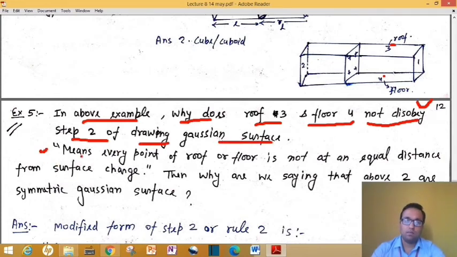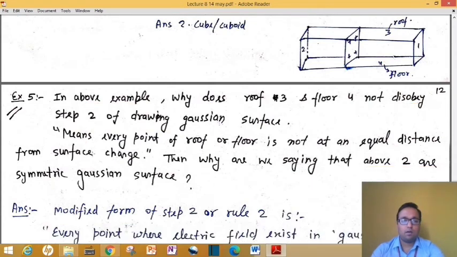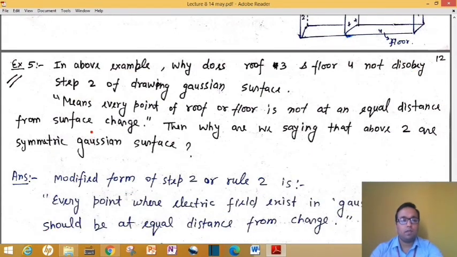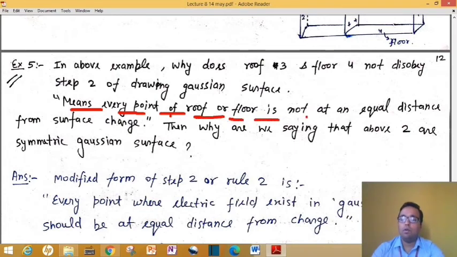It means that every point, okay, what was step number 2? Every point of roof or floor is not at an equal distance from the surface charge.